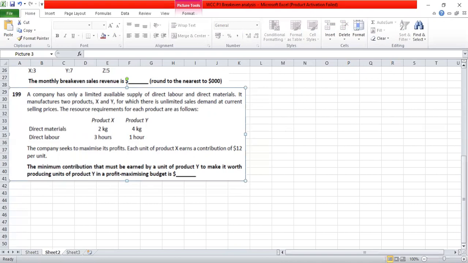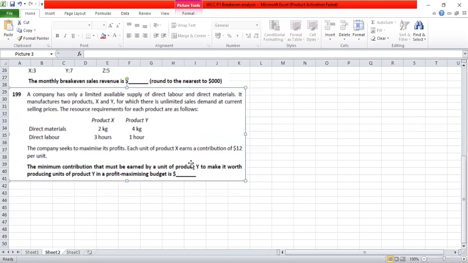Each unit of product X earns a contribution of 12 per unit. The minimum contribution that must be earned by a unit of product Y to make it worth producing units of product Y in a profit maximizing budget is?